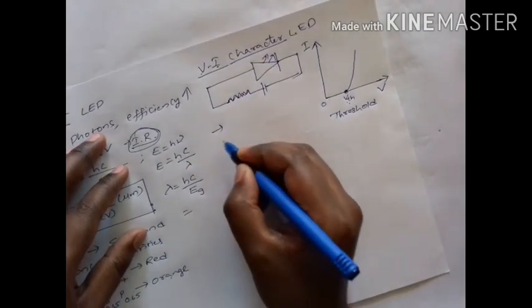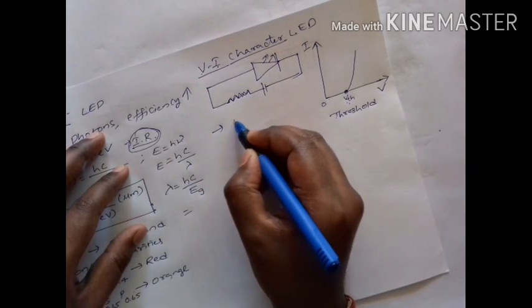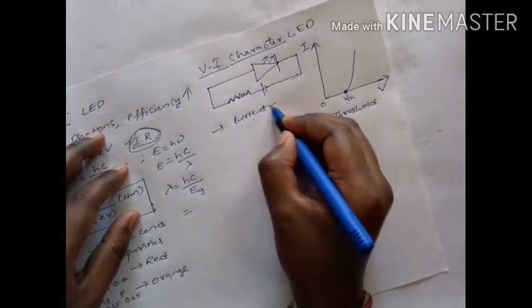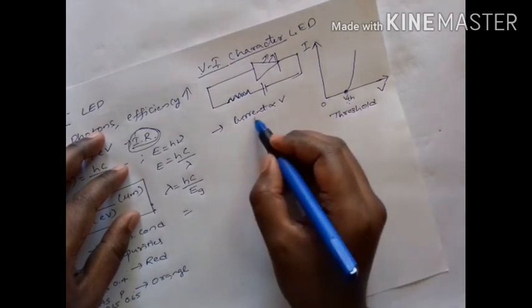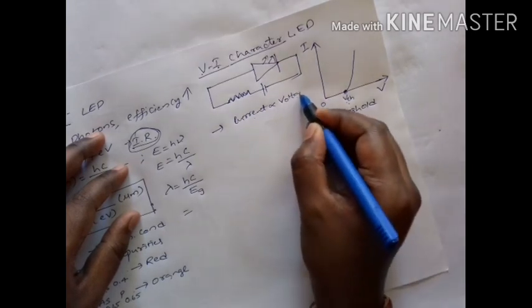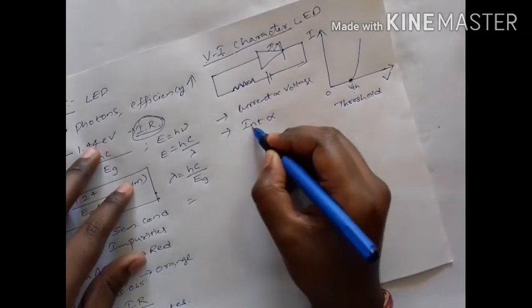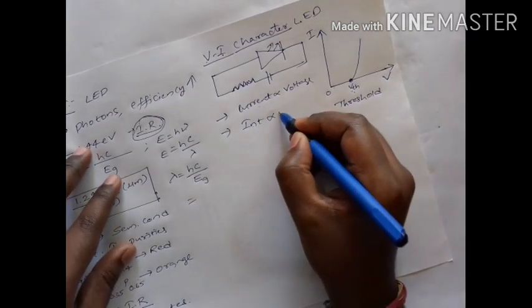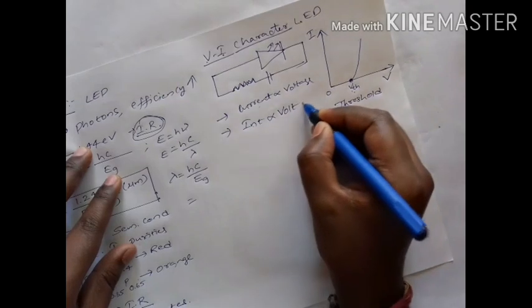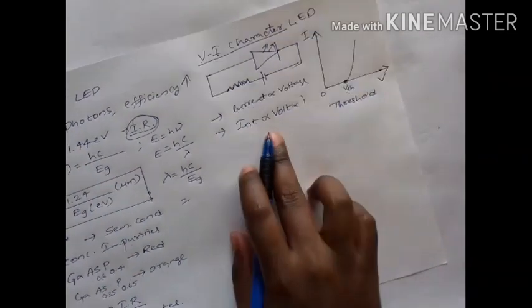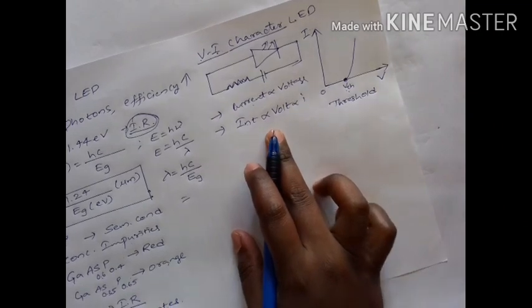And one more thing is the relation between the current and voltage is directly proportional. At the same time, the emitted light intensity is also directly proportional to voltage and current. So these are the VI characteristics of LED.